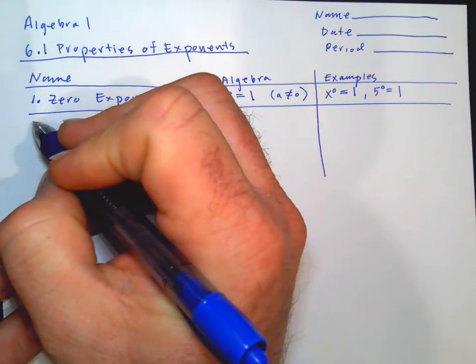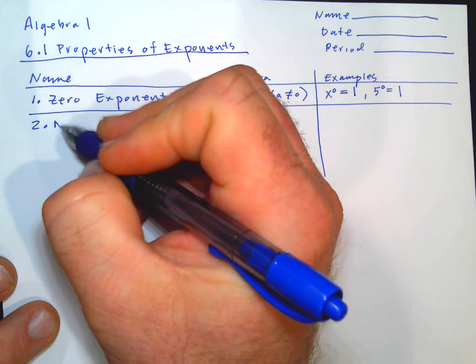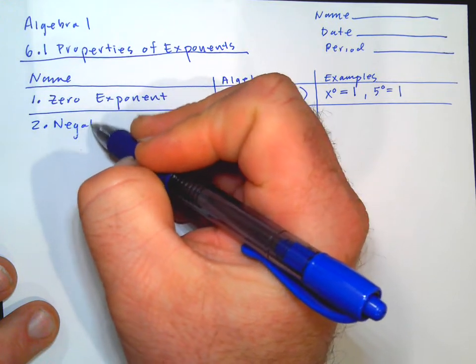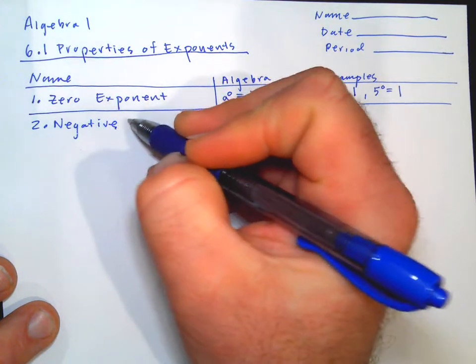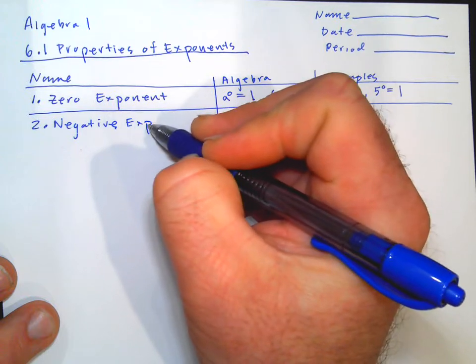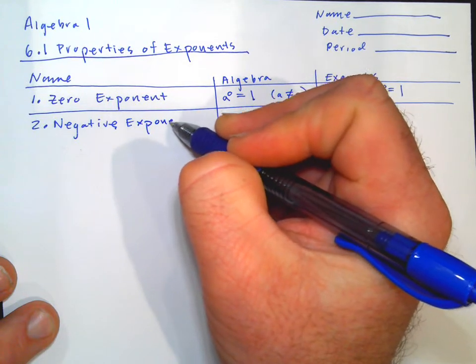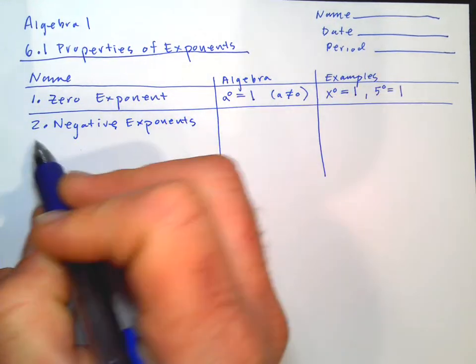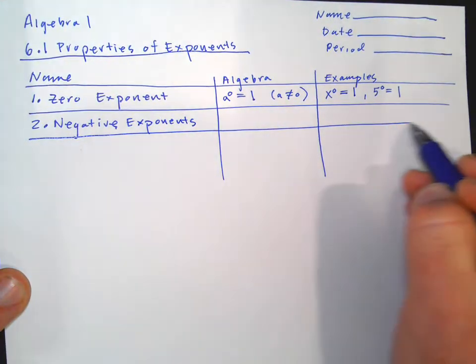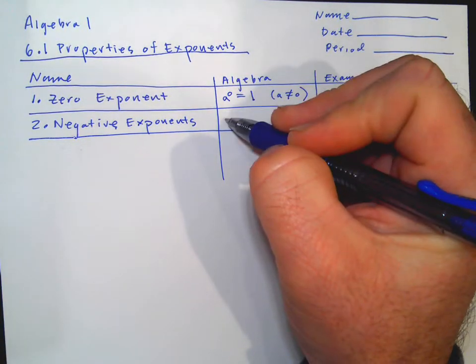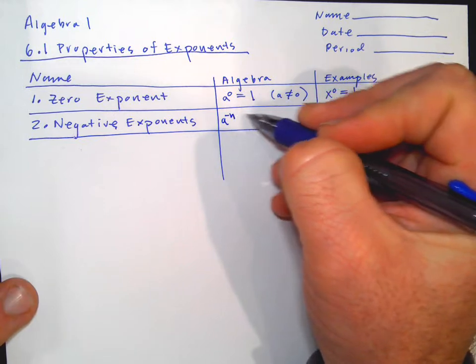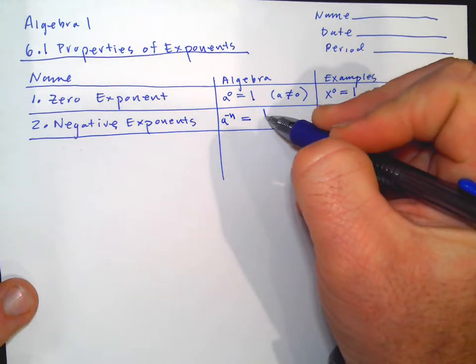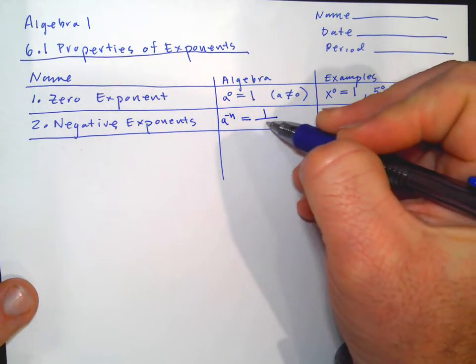All right, second rule. Negative exponents. If you have something to a negative exponent, you can, and usually want to, rewrite it as a positive exponent.